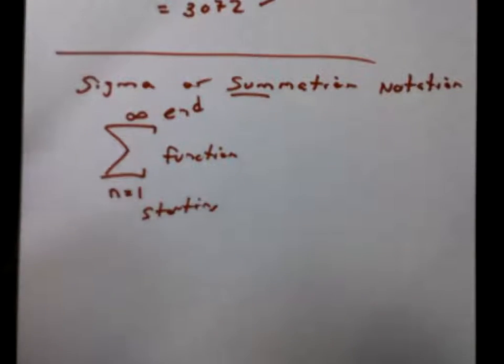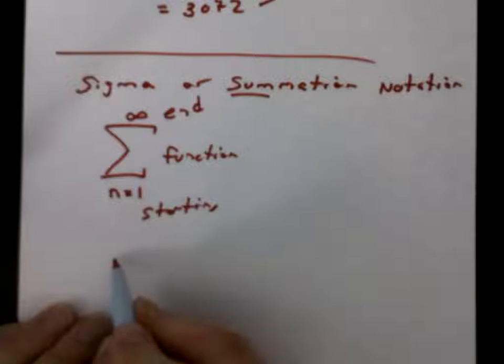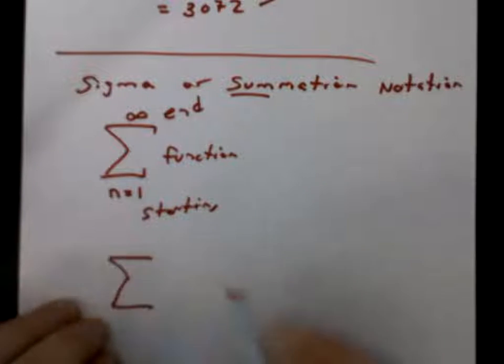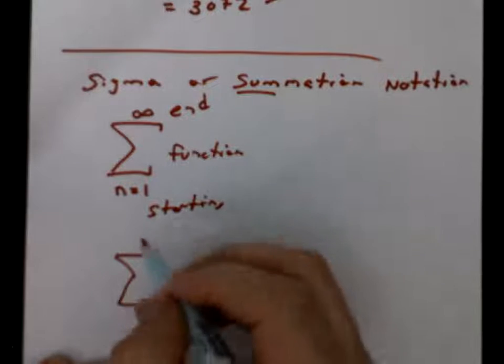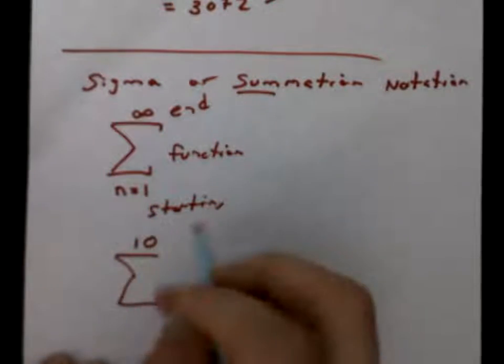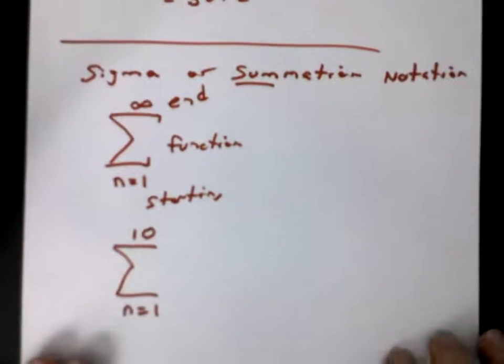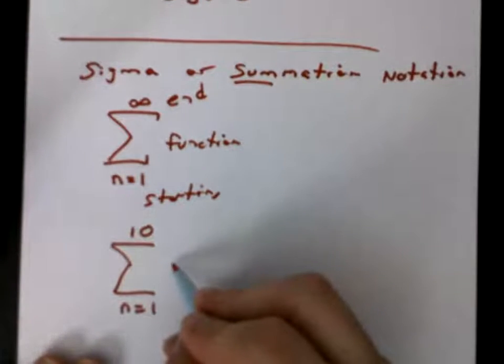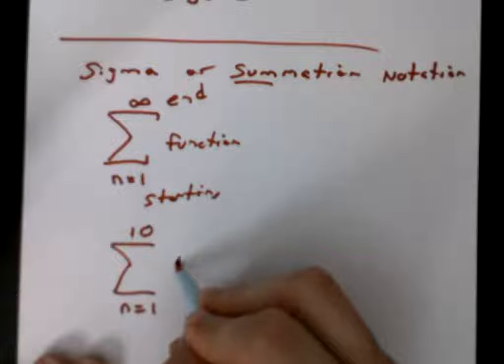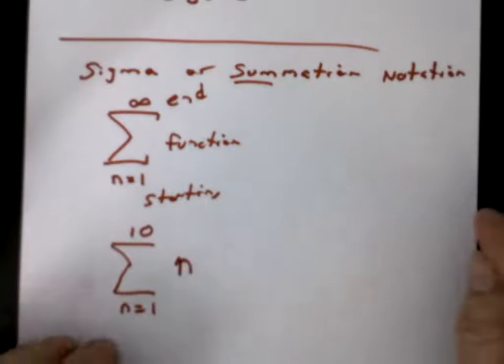So I want us to try a couple of these. Why don't we try a sigma? Why don't we put a 10 up here, and why don't we start at 1, and let's just say n. Terrible looking n.